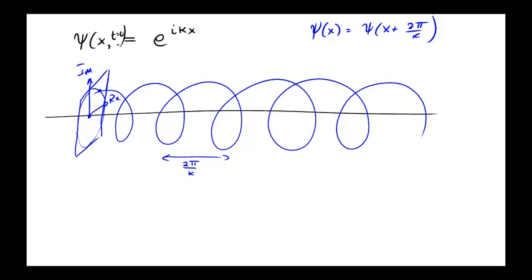And now we want to understand what psi of x is as a function of t. So I claim that psi of x, t is going to look like e to the i (kx plus omega t). Basically, what's going to happen is that this complex exponential is just going to precess in time.